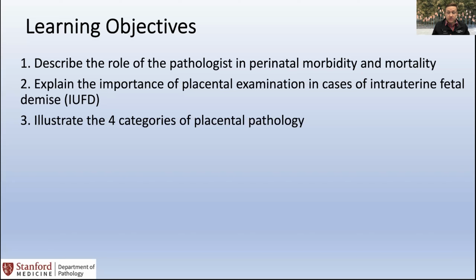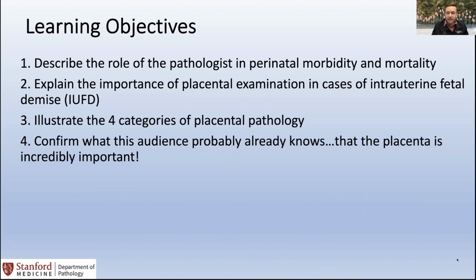And at the risk of losing your attention completely, I'm going to show some microscopic images, the sort of things we see under the microscope in pathology, as we go over the four major categories of placental pathology. And along the way, I hope to confirm your existing belief that the placenta is incredibly important.